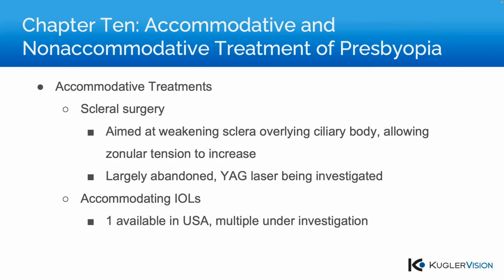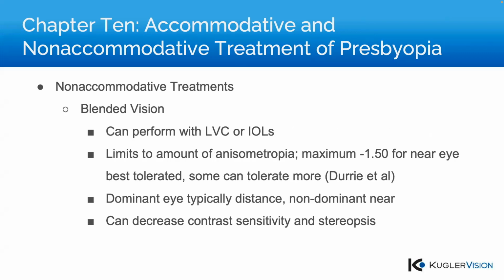Largely abandoned. There are some studies ongoing right now where they're actually looking at making micro perforations in the cornea using a YAG laser overlying, or in the cornea, in the sclera overlying the ciliary body to weaken that to help with accommodation. There are some accommodating IOLs. There's only one available in the United States, but multiple others under investigation.